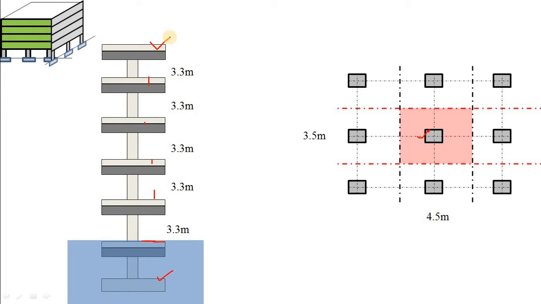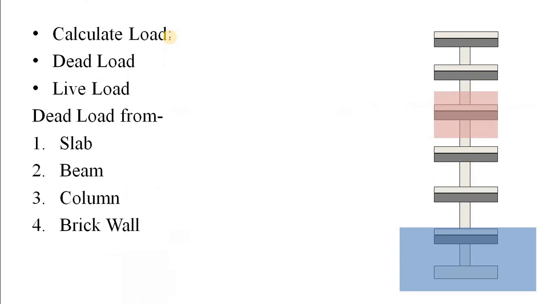Okay, so first I will calculate the load coming at any particular floor on this column. Clear? So just consider this floor and I will calculate how much load is coming at this point. Then I will simply multiply this load which is coming to this point with the number of floors.